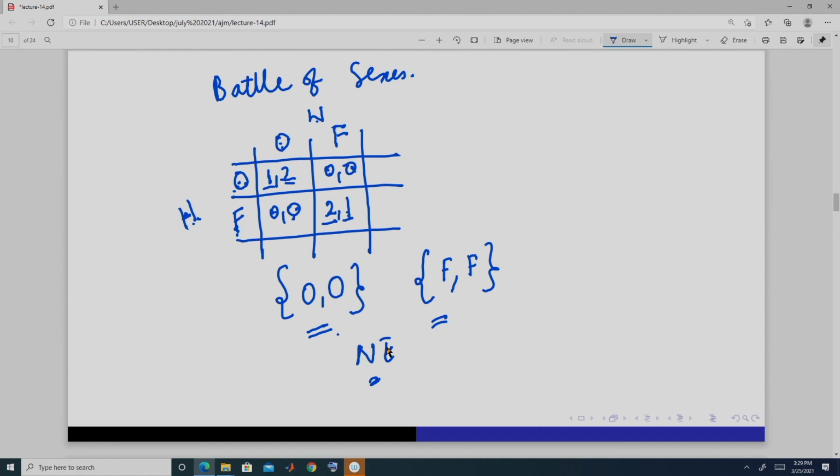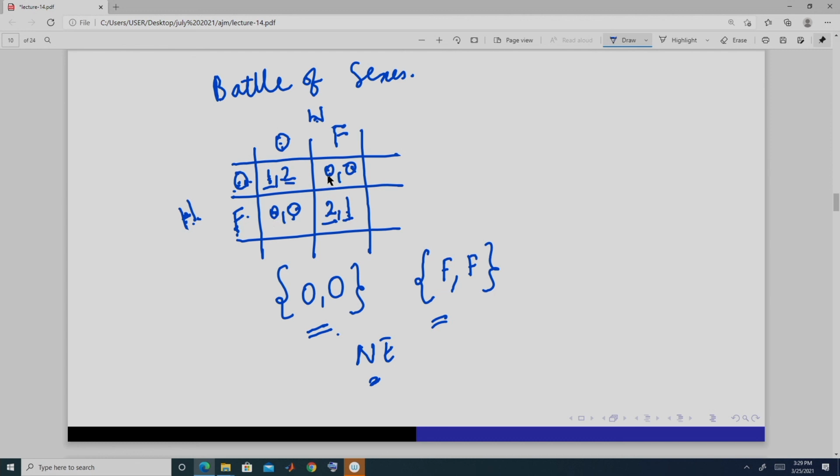Okay? And here you can see that if we are in this outcome, player 1 choosing opera and wife also choosing opera, then none of the players has any tendency to deviate. If wife has chosen opera and husband has also chosen opera, husband doesn't have any incentive to shift from opera to fight because 1 is greater than 0.